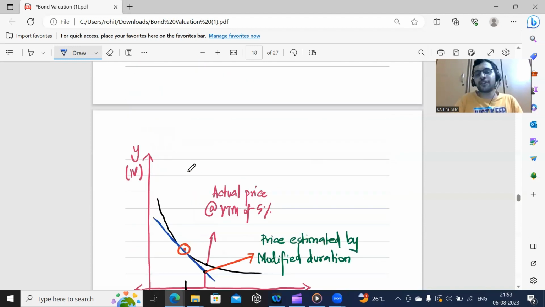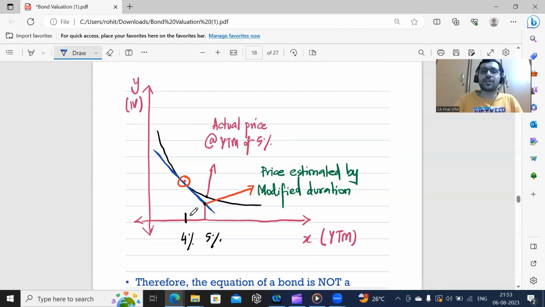All right, moving further, like I mentioned earlier, let us say the current YTM is 4%, and this is where the bond price actually is right now. Now, what is modified duration actually doing?